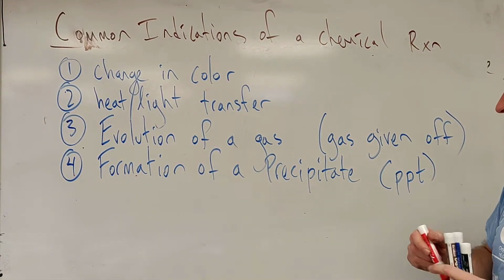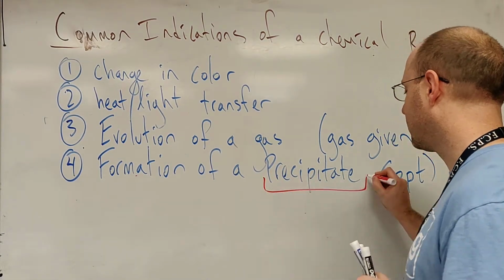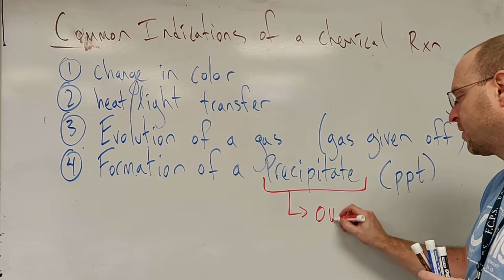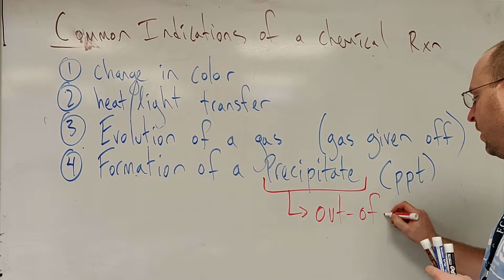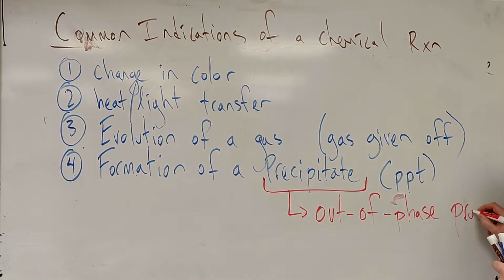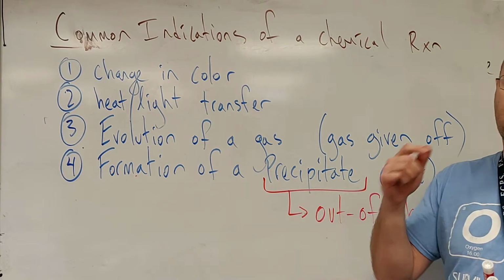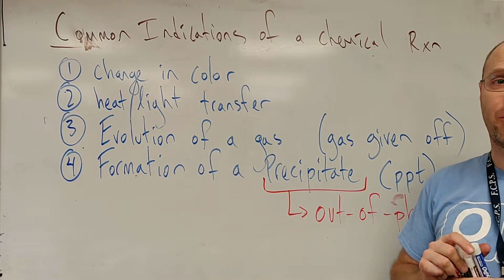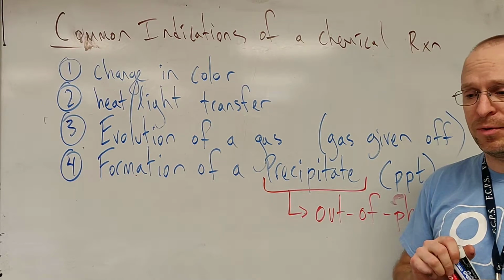And a general idea of how precipitation works is to say that you have some out of phase product, all right? And that's how I'll say it, some out of phase product. Okay? And when we say product, that's terminology we'll define later. A product is just the thing that is formed or the thing that is produced in a chemical reaction.